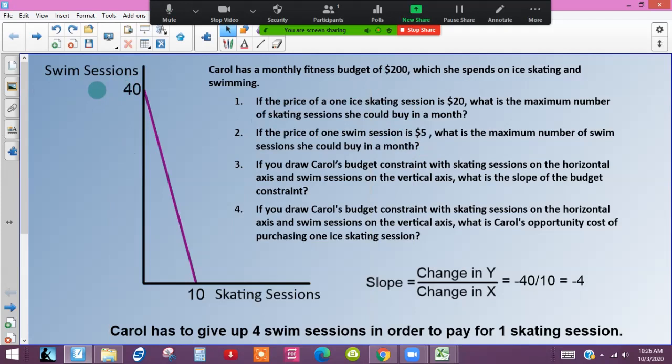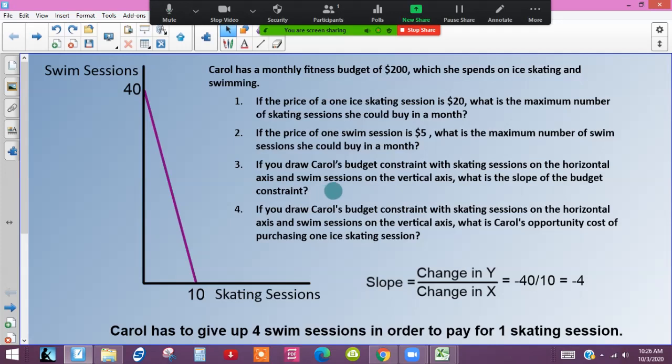That's going to be 40. And you can put these variables on whichever axis you want. In the problem, though, it might specify which axis that you should put the variables. And in this one, in question 3, it does.